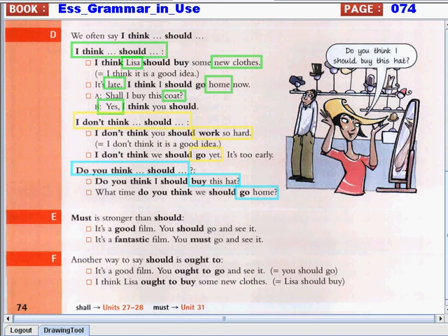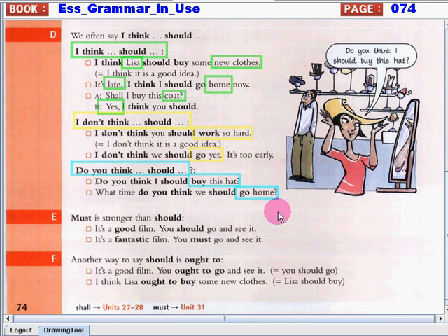So, we are comparing the two sentences. They have the same thought but different intensity. The first one, it's saying that the film or movie is good, and that the speaker is giving an advice that someone should go and see it.